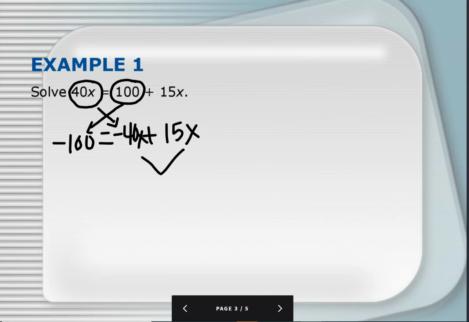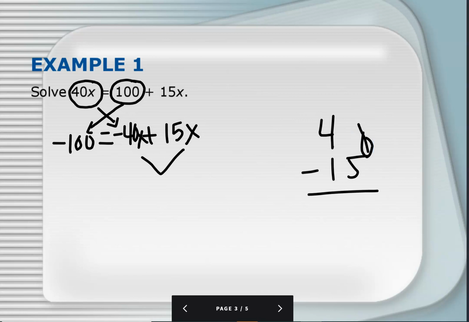All right, now we're going to do here negative 40 plus 15, negative 40 plus 15. I'm going to give you a few moments to think about that one. Negative 40 plus 15. What do you guys think that is? Now, if I want to check, I do want to subtract here.